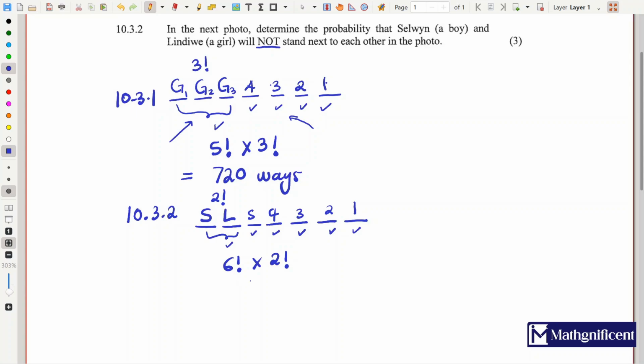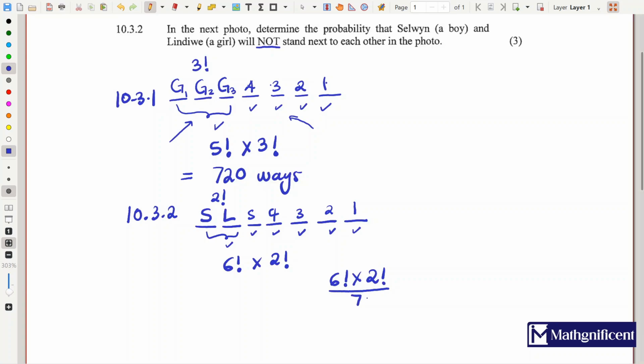So now let's find the probability. How do we find the probability? You're going to say this is 6 factorial multiplied by 2 factorial, divided by the sample space. And what's going to be our sample space? Remember, how many friends do we have in total? We have 7 friends, meaning the sample space is going to be 7 factorial.